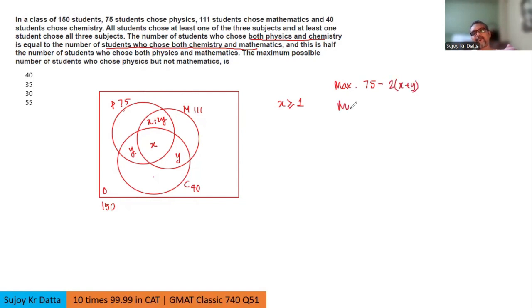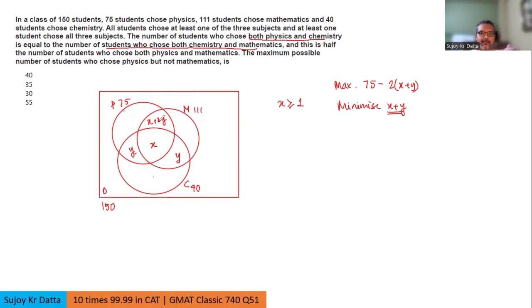So in short, we have to minimize x plus y. If I get to minimize x plus y, then I'll get this part as minimized. If this gets minimized, then this part gets maximized, right? Maximum possible who chose physics but not math. So that is the question.